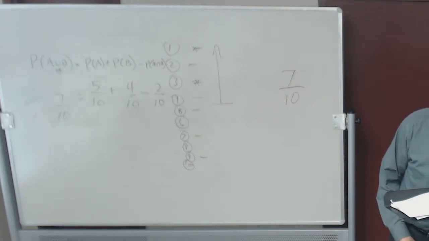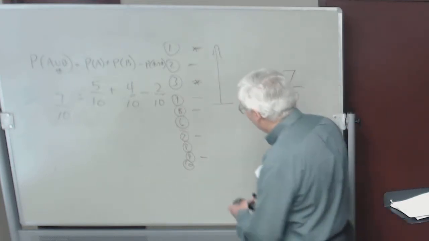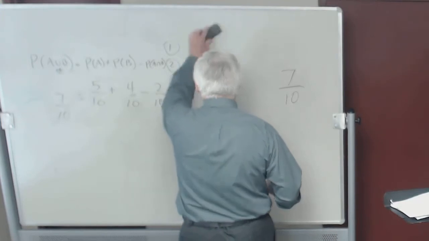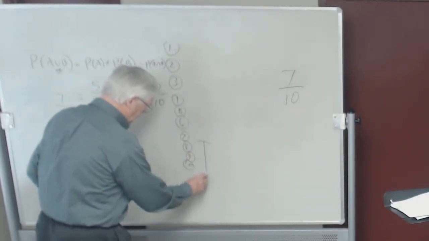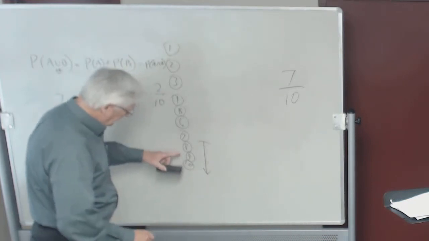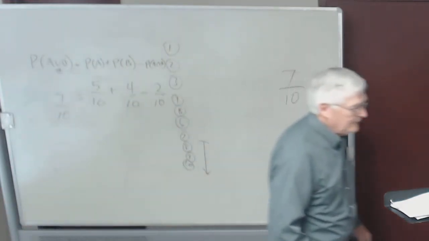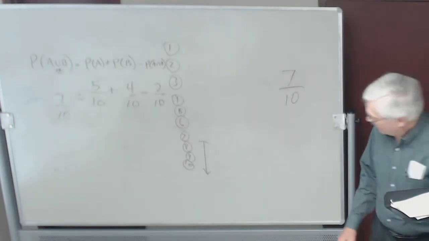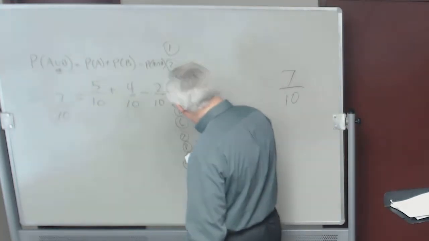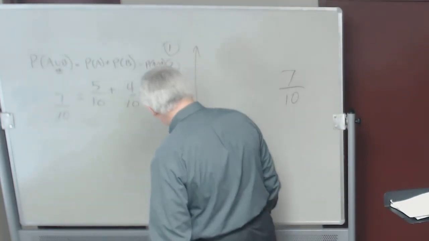Problem number 8, a ball with a number that's greater than 7. So that would be greater than 7 would be 8, 9, or 10. Agreed? And what's the other one? Or what? Less than 5. Less than 5 would be 4, 3, 2, 1.